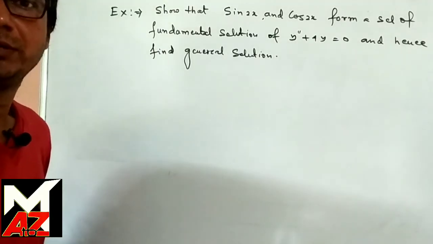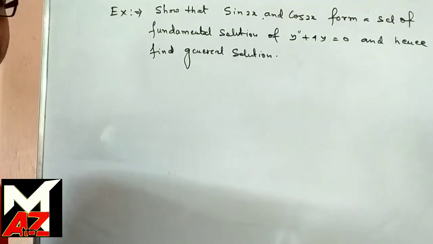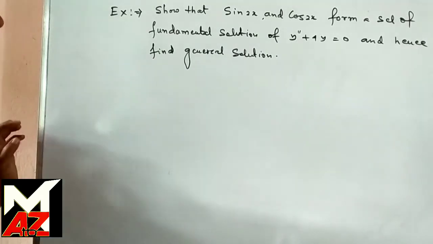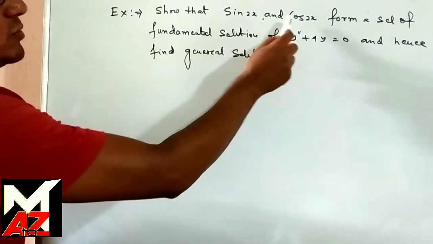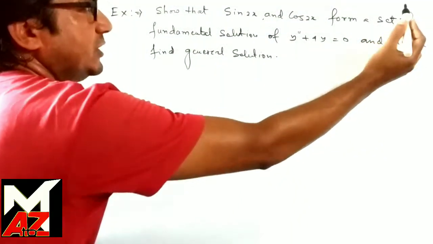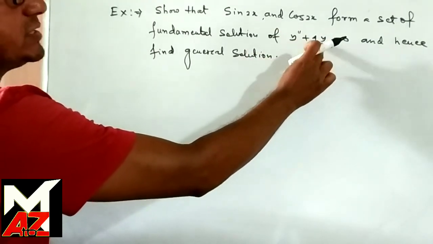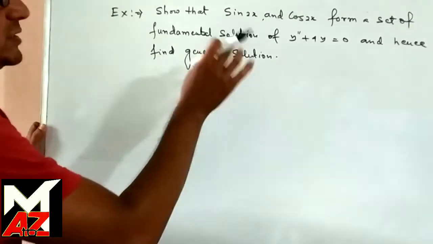Here we consider a very easy example to show the uses of the Wronskian. The example is to show that sin 2x and cos 2x form a set of fundamental solutions of y double dash plus 4y equal to 0, and hence find the general solution.